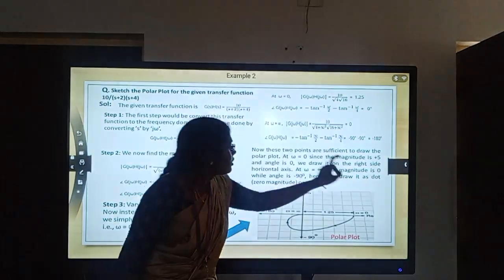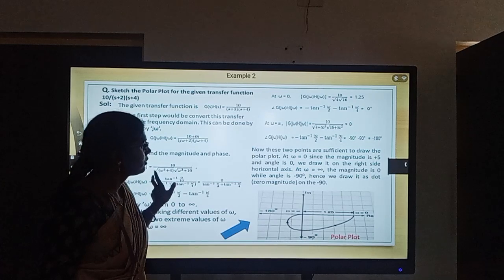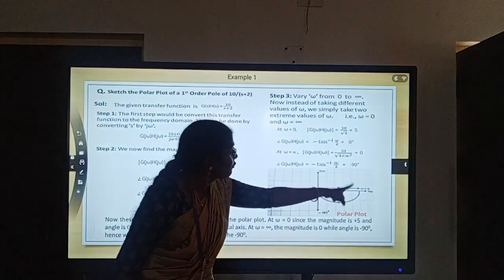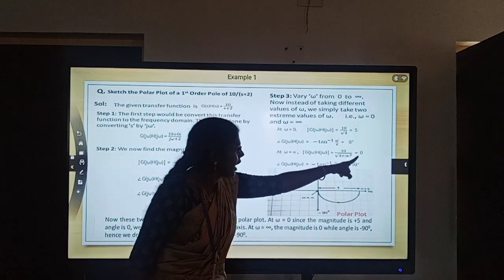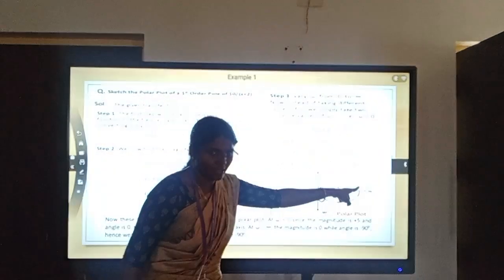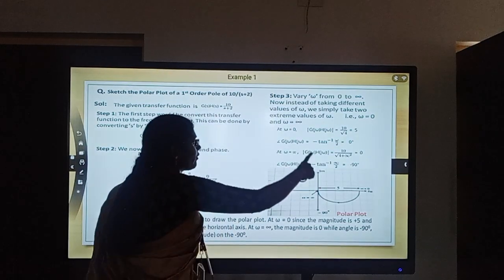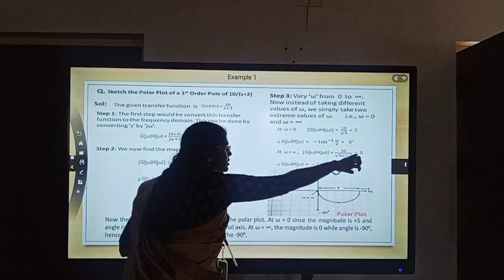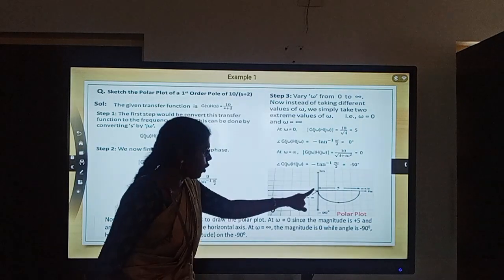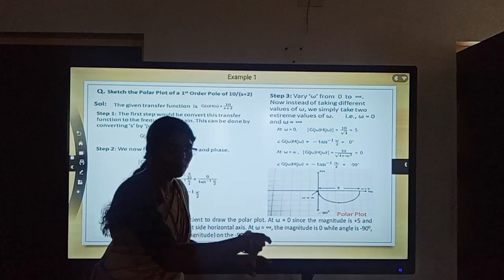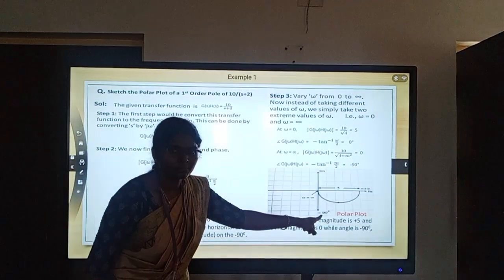Next, where is the angle? Initially, when the magnitude is 5, the angle is 0, on the same line. Next, when the magnitude is 0, what is the angle? Minus 90 degrees, which comes over here.